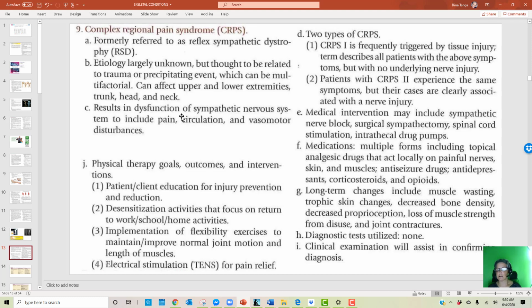Long-term changes include muscle wasting, trophic skin changes, decreased bone density, decreased proprioception, loss of muscle strength from disuse, and joint contractures. Diagnostic tests utilized? None. Clinical examination will assist in confirming diagnosis.